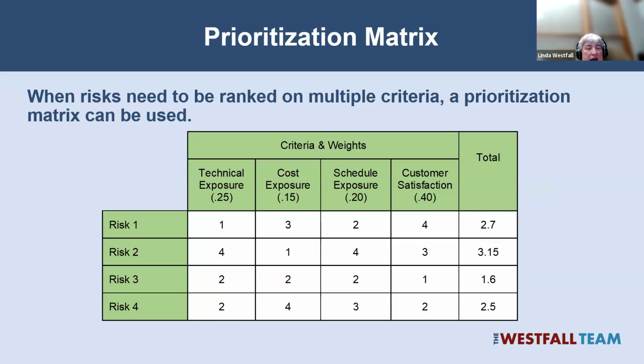We can even add some kind of weighting factor and multiply across. In this case, risk number 2 would be our highest risk because it's got the highest total value. Risk 1 would be the second highest, risk 4 the third, and risk 3 the lowest valued risk here.